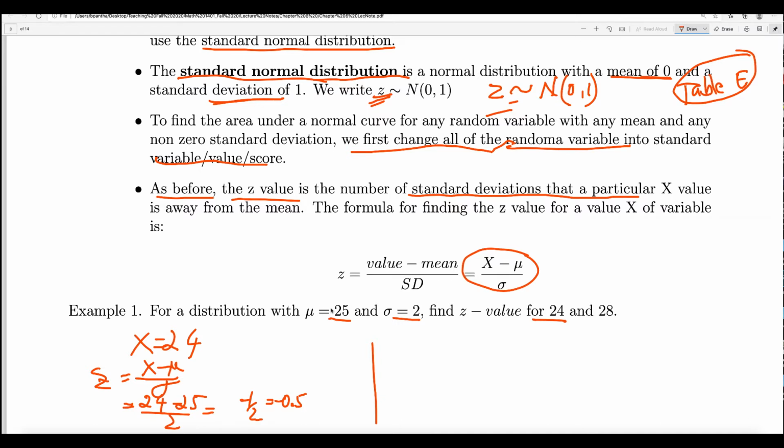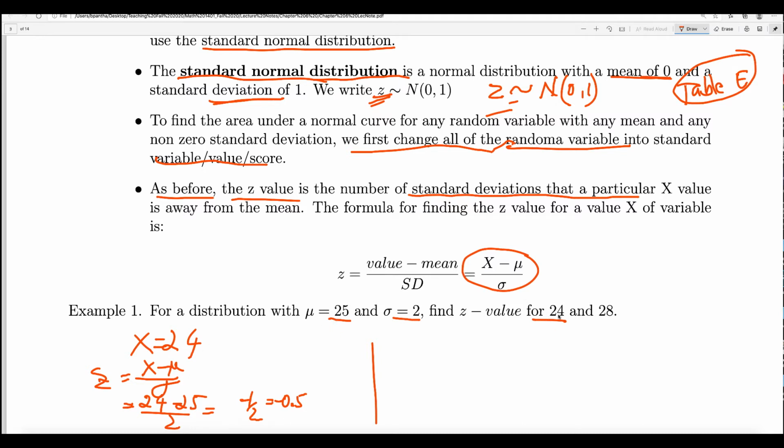The mean is 25, the standard deviation is 2, and 1/2 of the standard deviation is 1. 24 is 1 less than 25, that is 1/2 standard deviation less than the mean. That's what g gives you: how many standard deviations above or below the mean the particular x value is. So here g equals negative 0.5, meaning x is 0.5 standard deviation below the mean.